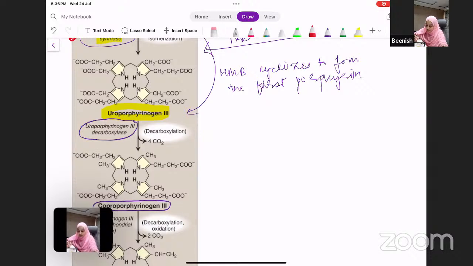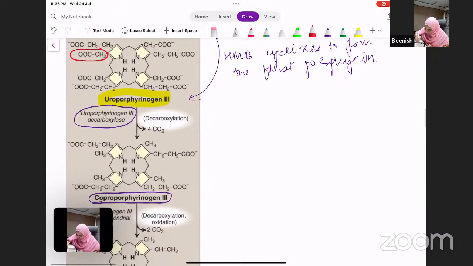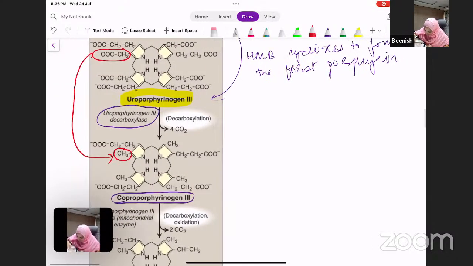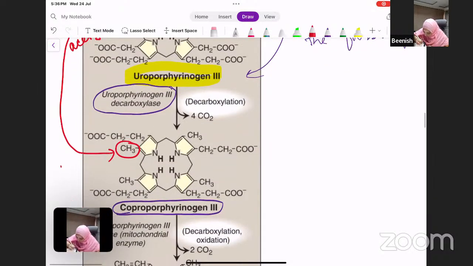The only difference is that the acetyl groups of uroporphyrinogen change into methyl.